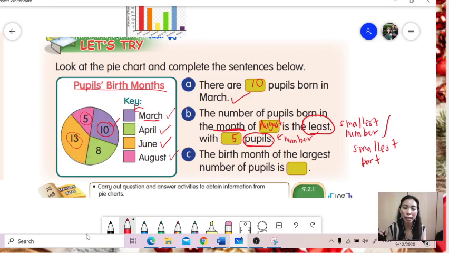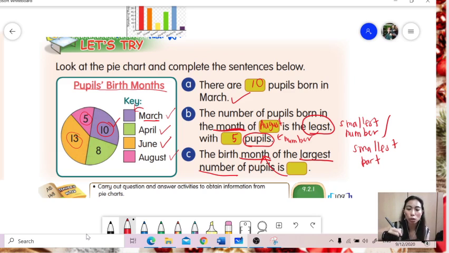Okay, so C, the birth month of the largest. They're asking again for the month, because before the blank it is mentioned about the month. So you have to mention the month.